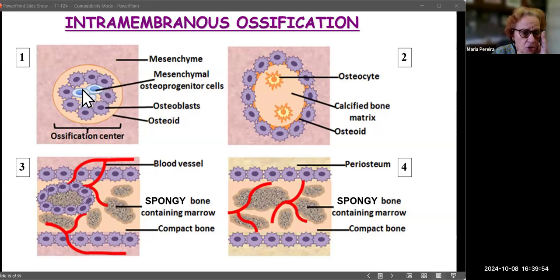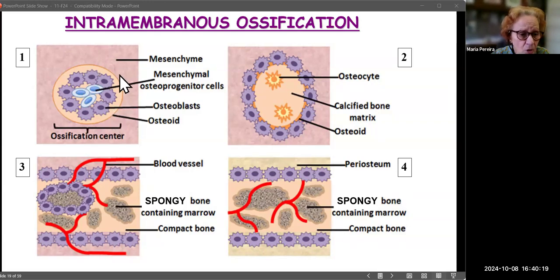So what happens? You have the osteoprogenitor cells, here shown in blue, and they start dividing by mitosis, and eventually they differentiate into osteoblasts. And here is the osteoid, shown in light orange. So this is an ossification center that starts occurring in a layer of mesenchyma.